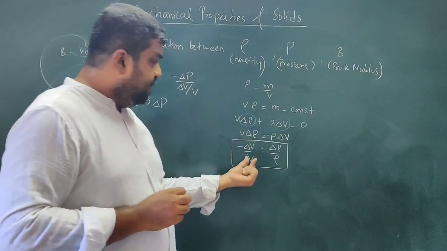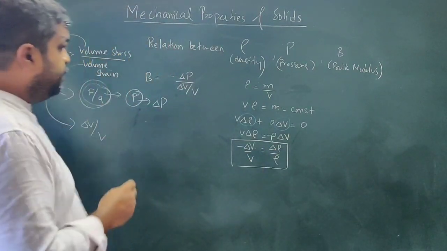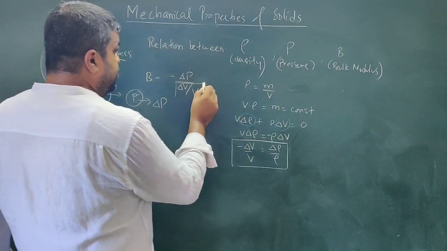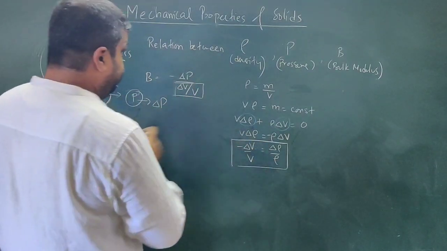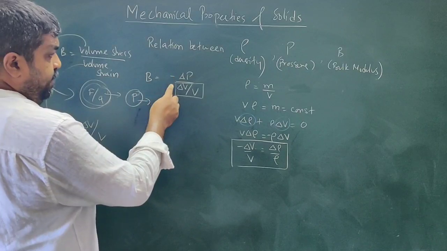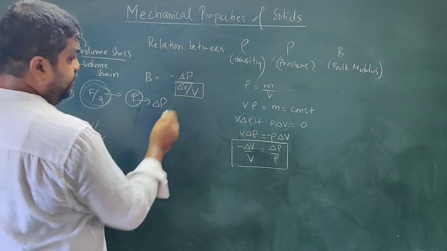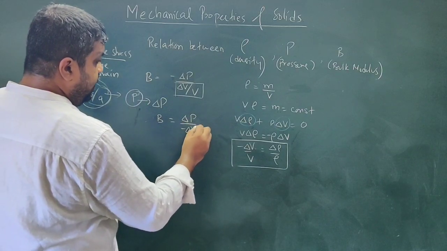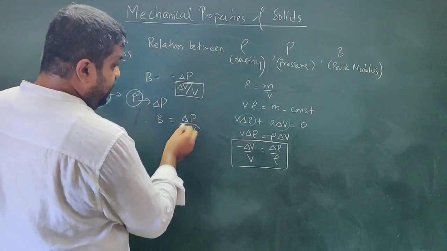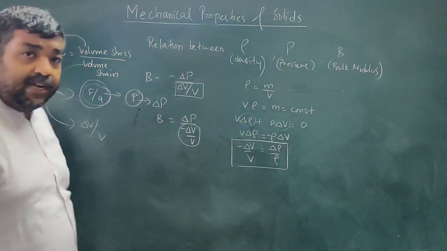So minus delta V by V equals delta rho by rho. That means in this expression this term can be replaced by delta rho by rho. B is equal to delta P by minus delta V by V, and minus delta V by V can be replaced by delta rho by rho.